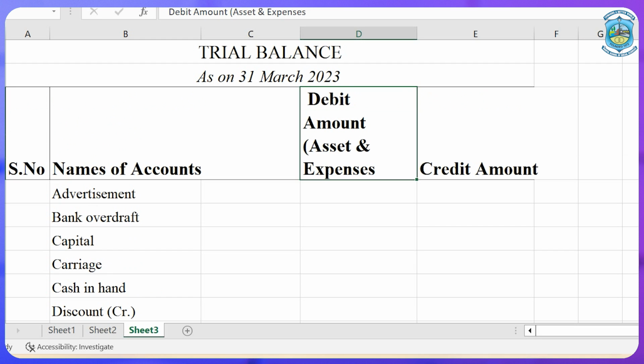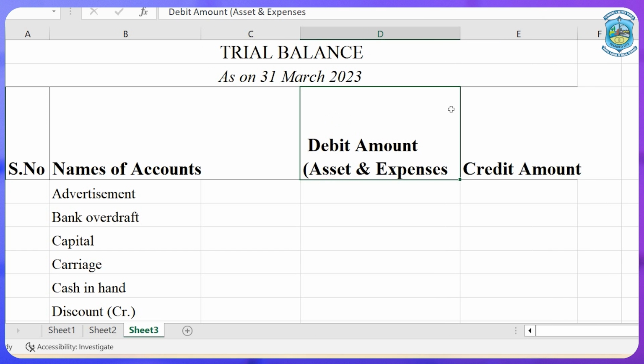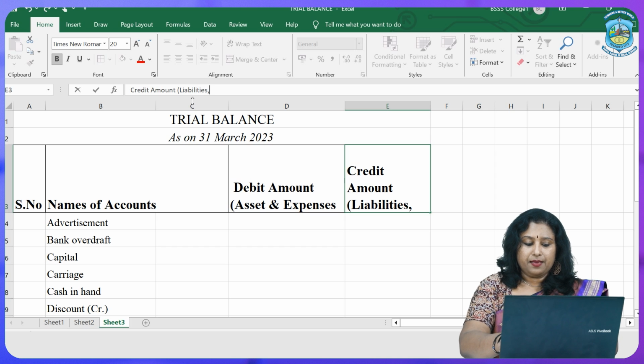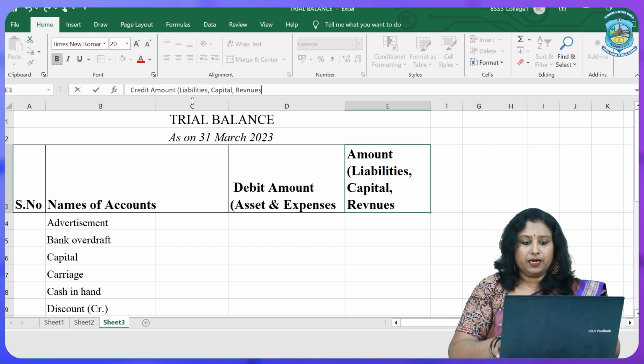Here it is. Fine. All the assets and expenses will be written in the debit column, whereas all the liabilities, capital and revenues will be written in the credit column.